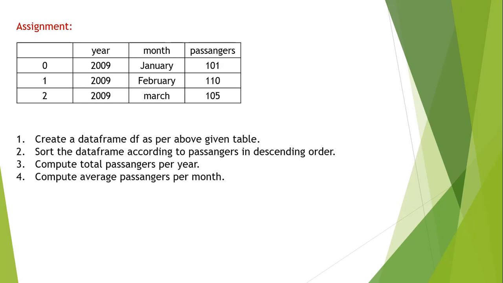You have already studied the pivot function in the previous video tutorials, so you have to use the pivot function for this, and by pivoting it, you have to compute the total passengers per year. Also, the fourth question is to compute average passengers per month. Months are also there: January, February, and March. So again, by using the pivot function, this can be done.